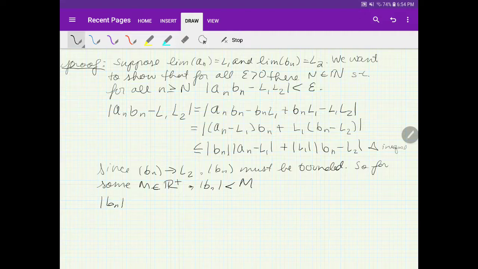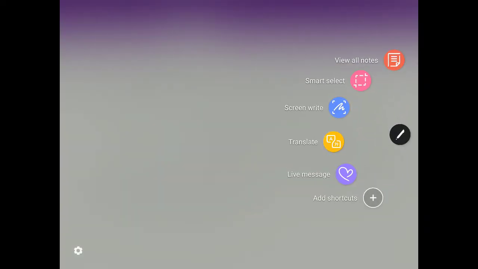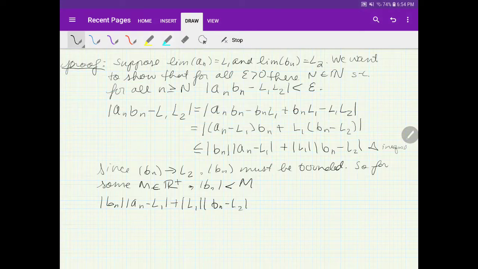So b sub n times the absolute value of a sub n minus L1 plus L1 times b sub n minus L2 is less than m times the absolute value of a sub n minus L1 plus L1 times b sub n minus L2. And that's by substitution.